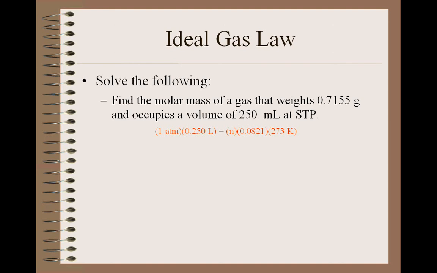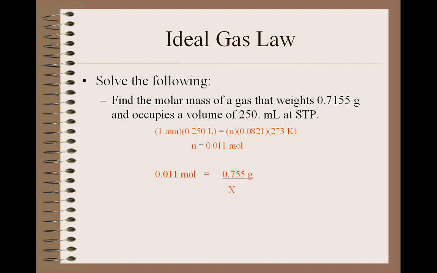The molar mass will come from n, so we're searching for n. Because I'm using STP, I use R as 0.0821 again and 273 Kelvin. When I solve for that, I find that n is 0.011 moles.